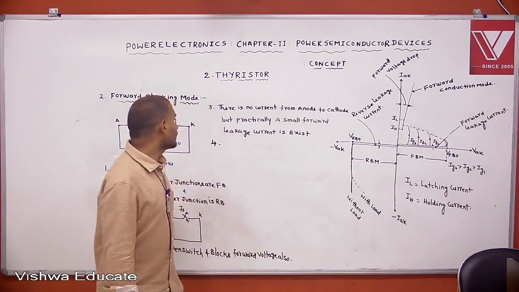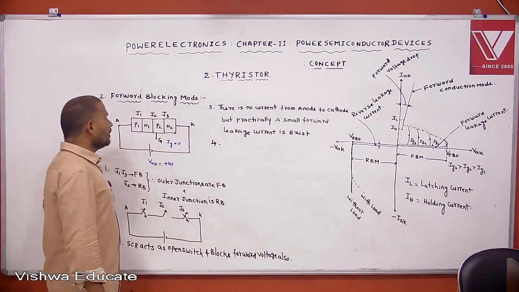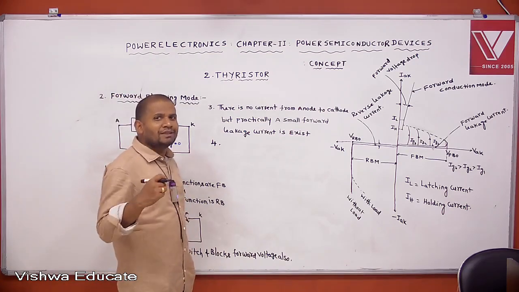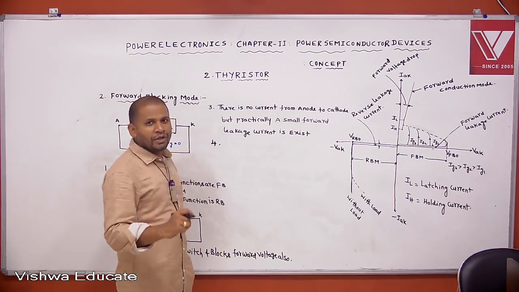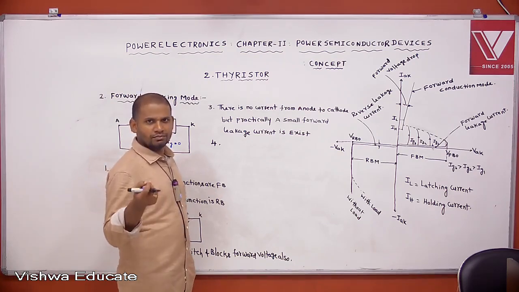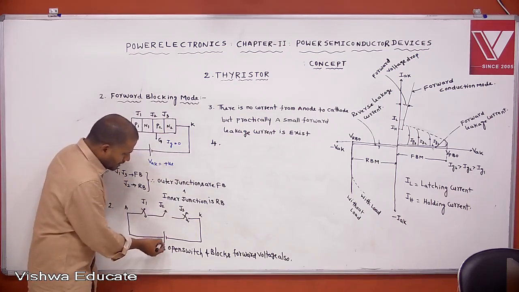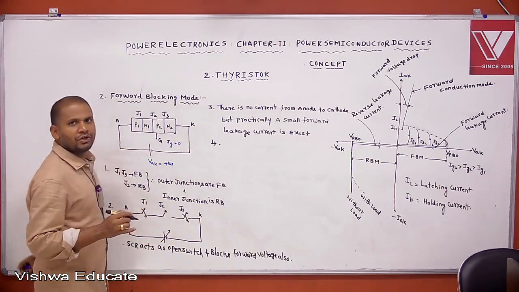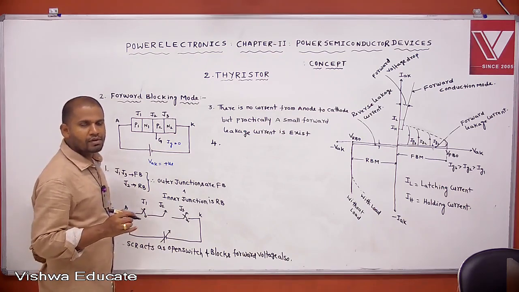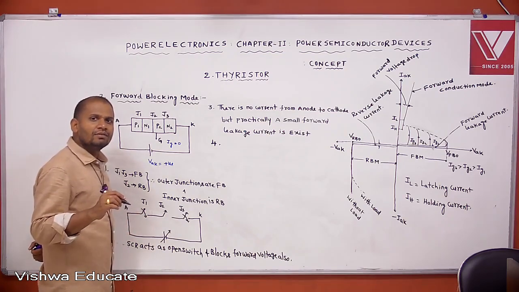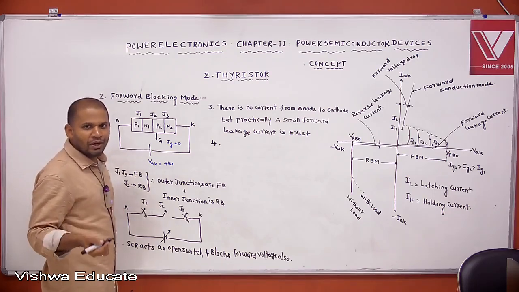Okay. Now see the fourth observation. In order to turn the device on, if you continuously increase the forward voltage, we know that every junction has its own withstanding capability.